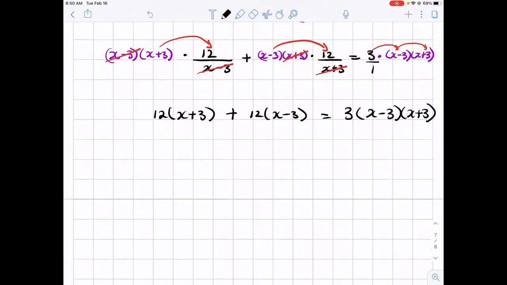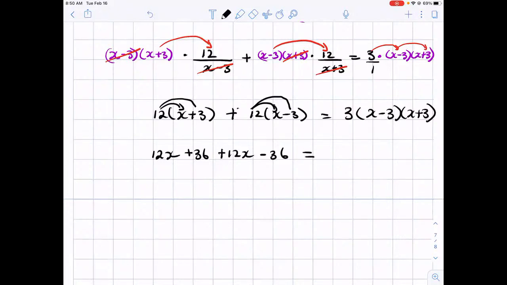If we multiply this out, 12 times x becomes 12x. 12 times 3 is 36. Positive 12 times x becomes positive 12x. Positive 12 times minus 3 becomes negative 36.